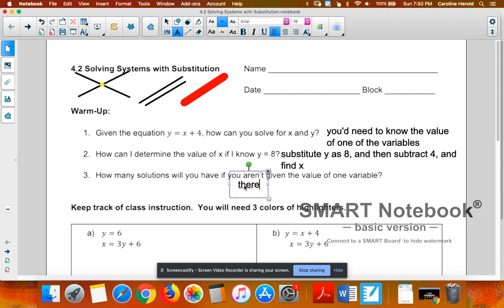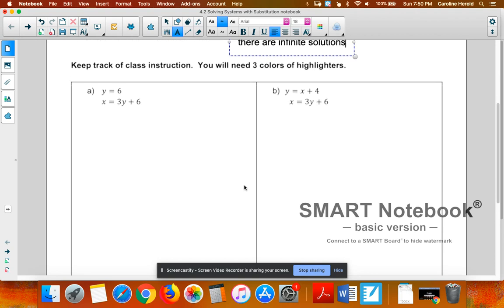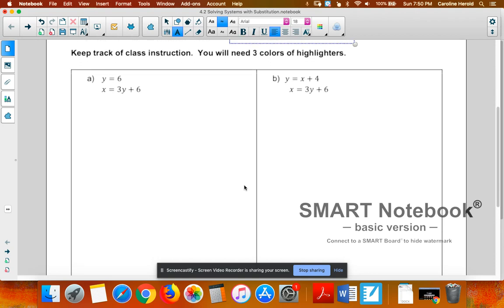There's an infinite number. So if you don't know one of the values of x or y, then there are infinite numbers of pairs of numbers that could fit into that equation.